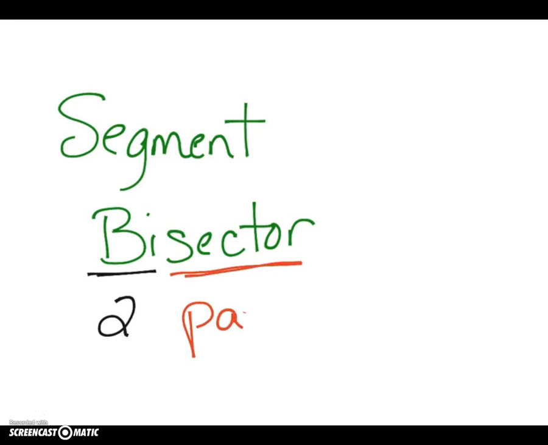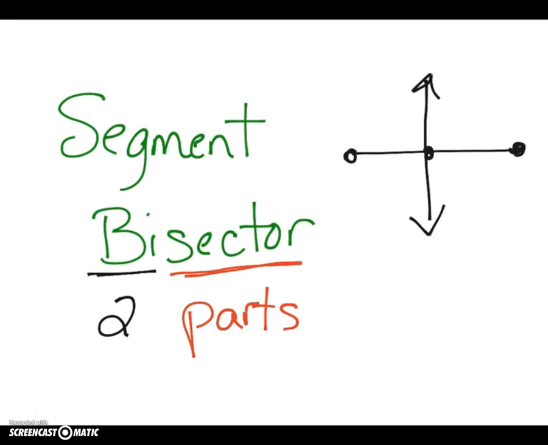When we talk about a segment bisector, it's really going to be the same thing as a midpoint in a lot of cases, because we're talking about finding the middle of a line. But instead of just a point, since a midpoint has to be a point, it could also be a line that cuts another line in half.